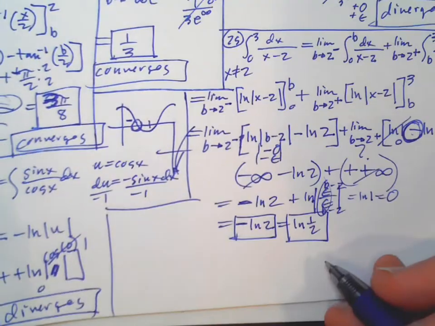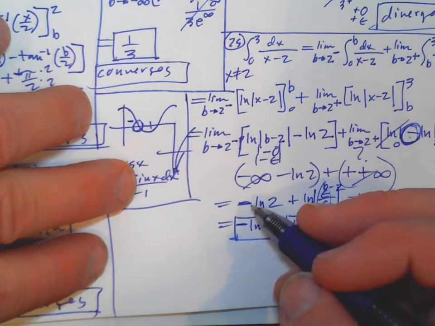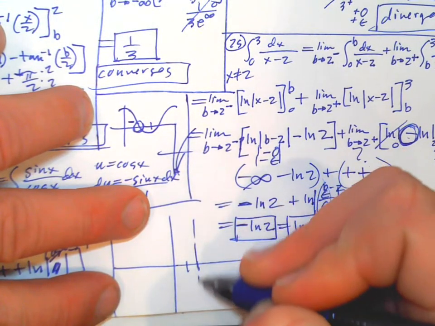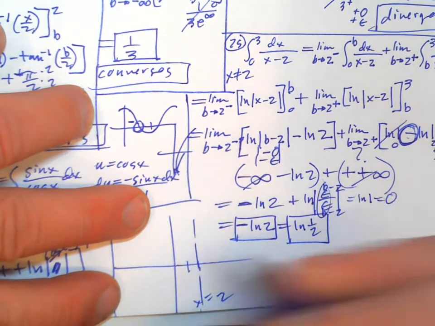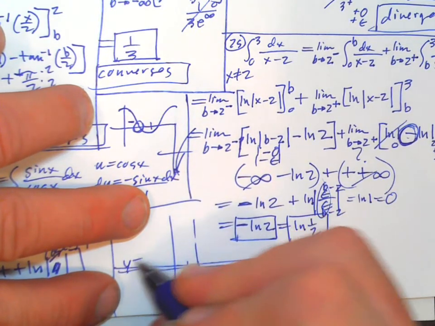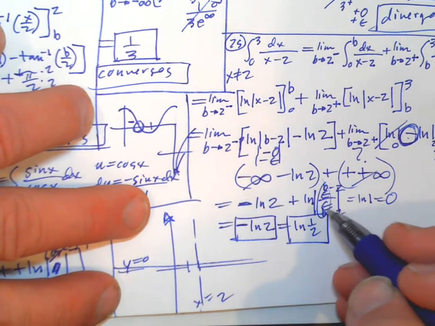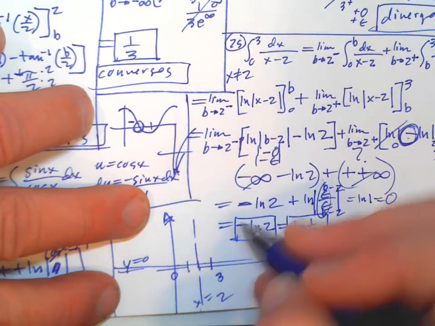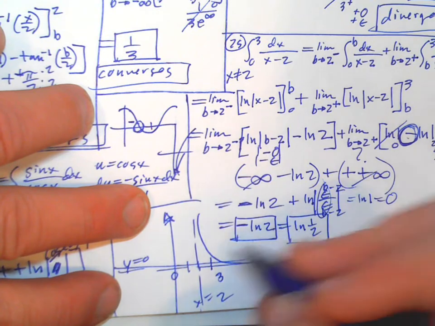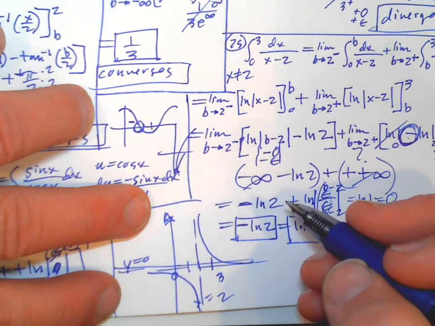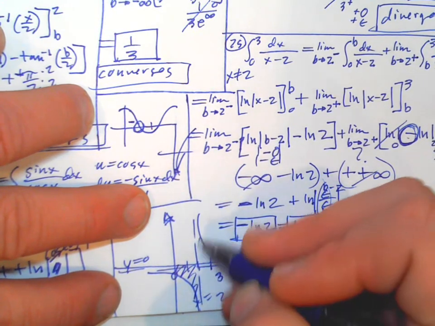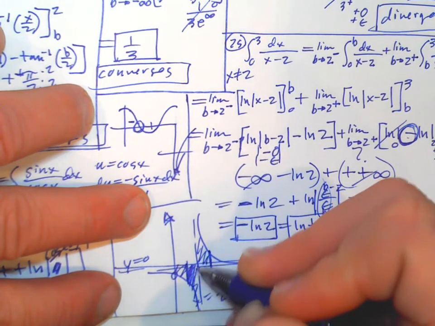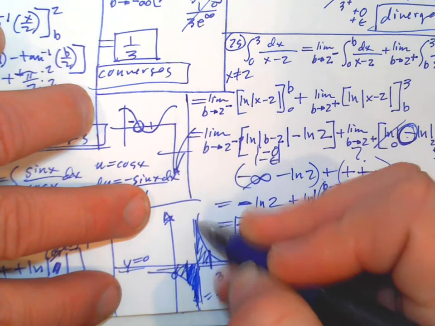The other way to think about it is to look at the graph of this. The graph has a vertical asymptote at x equals 2 and a horizontal asymptote y equals 0. And we're trying to integrate it from 0 to 3. The graph looks like this. Now, isn't the shape of this graph right here the same as this one?